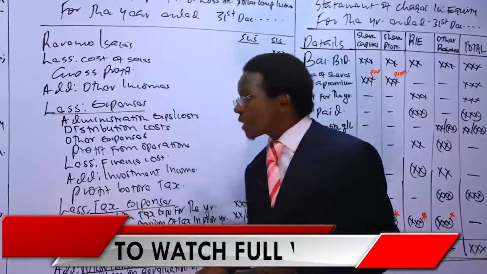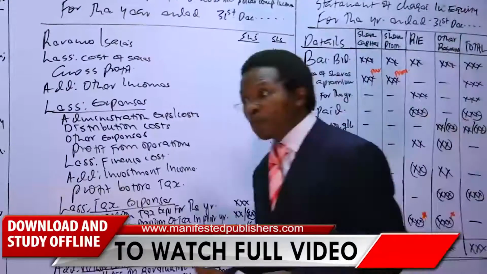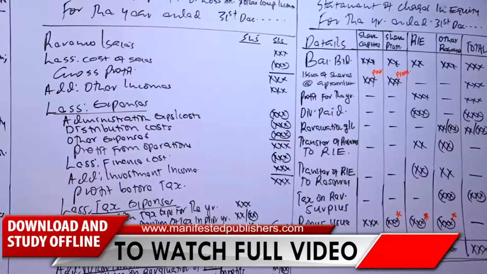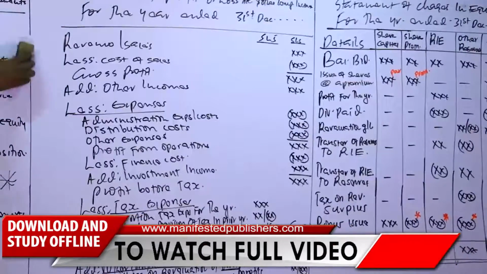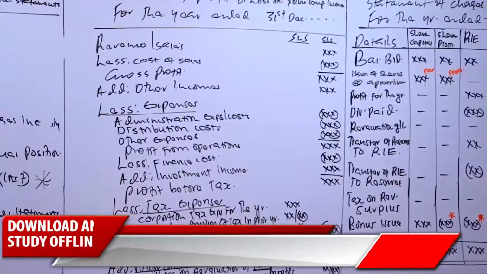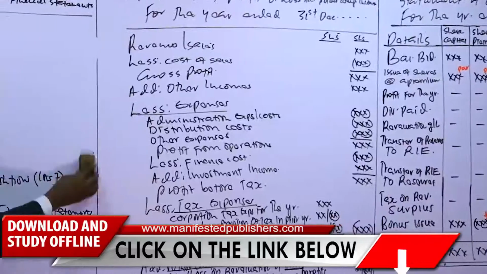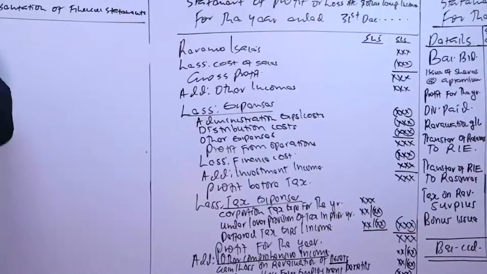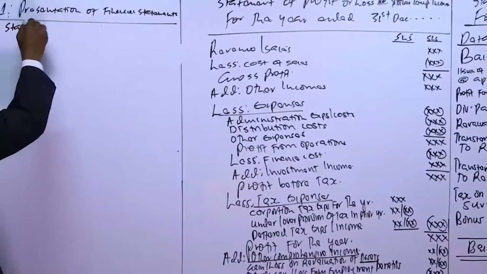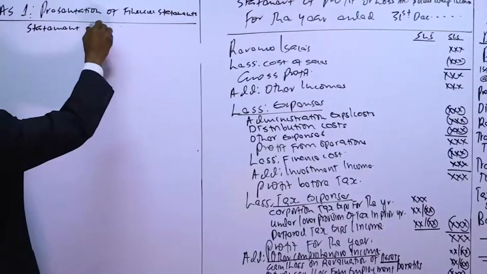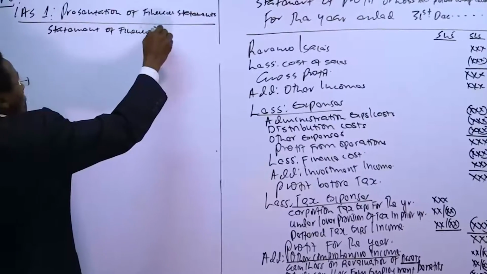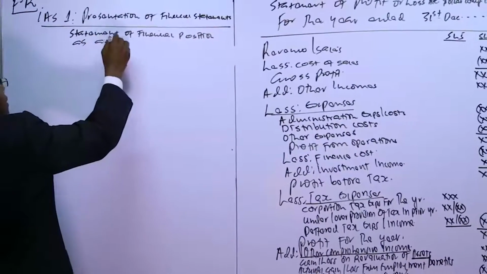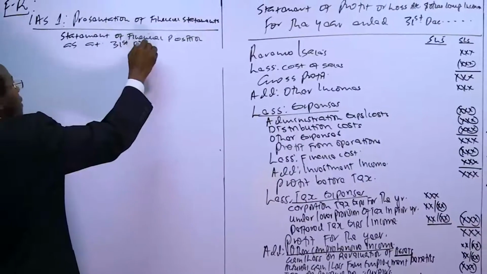We now want to look at how a statement of financial position will look. A statement of financial position, that is item C. The statement of financial position is normally as at 31st December.